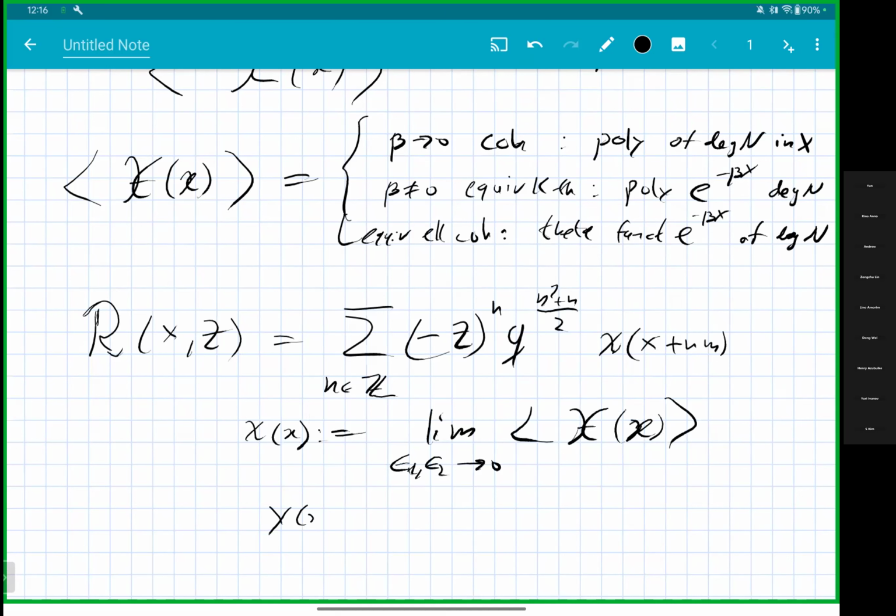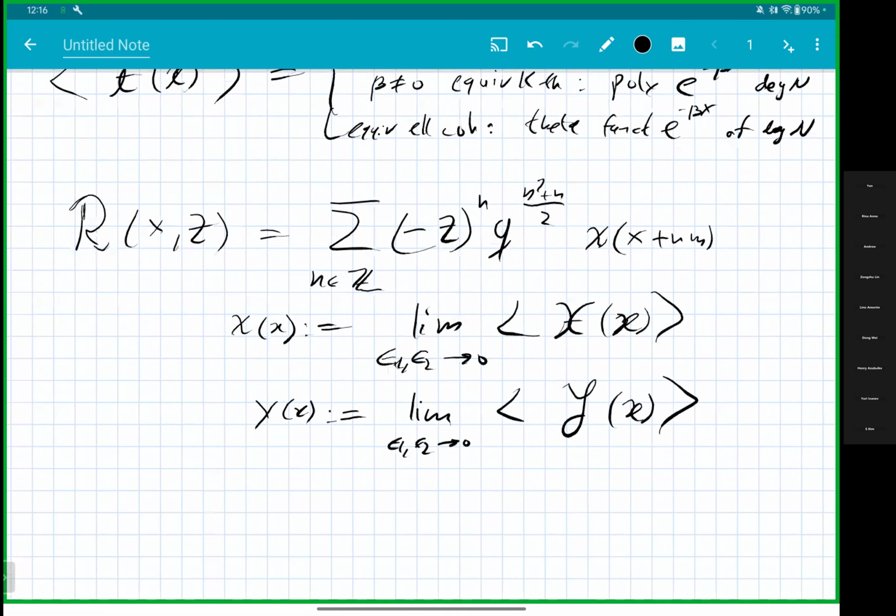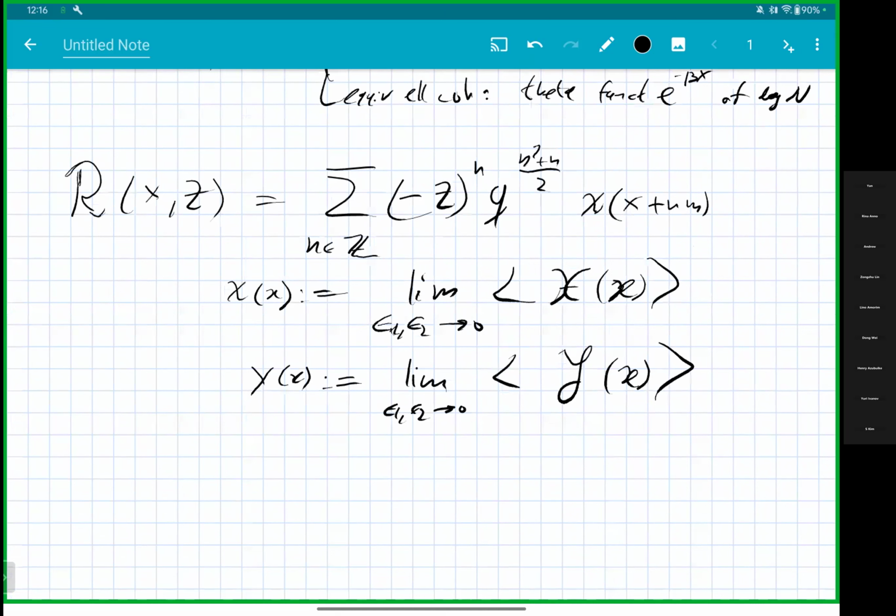And so the same for y of x. Yeah, and the relation to the spectral curve is then, well, we could check how this equation transforms under the shift of z, and we'll see that it's almost periodic.